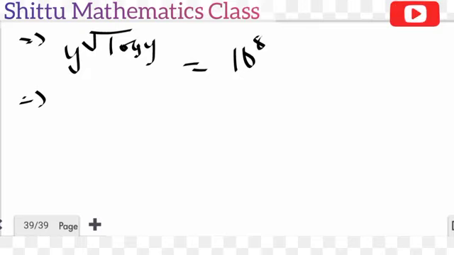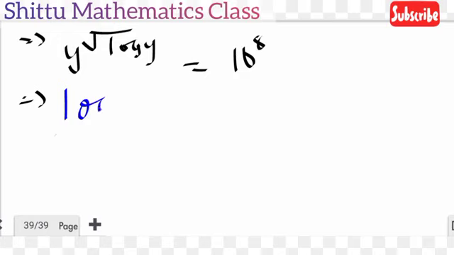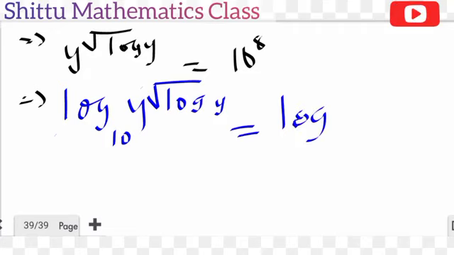So we have log base 10 of y to the power root log y equals log base 10 of 10 to the power 8.